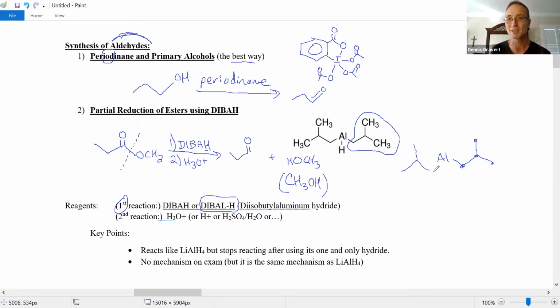So here's another isobutyl group, and I connect it over there. 2 isobutyl groups on aluminum, diisobutyl aluminum. And then the third bond to aluminum is hydride. And that looks really similar to lithium aluminum hydride. Wait, lithium aluminum hydride reacts with esters too.